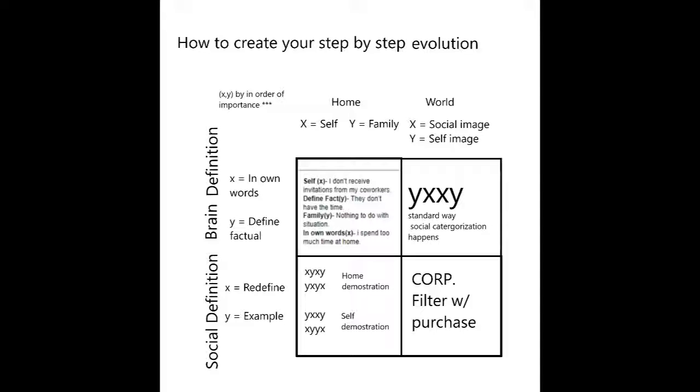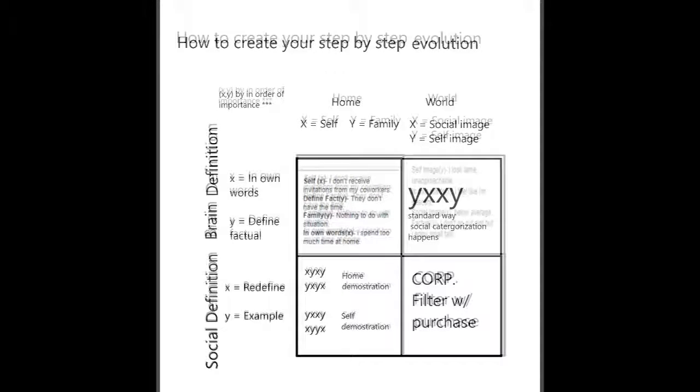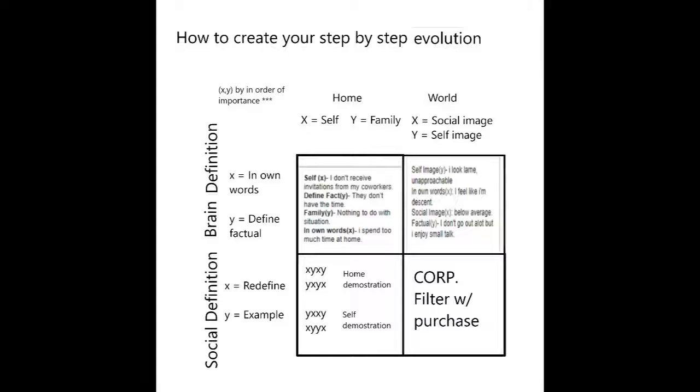Okay, now that he has the upper left box filled, he would go to the upper right with the format YXXY. And this box is for the outside world. How he sees himself in the outside world, how he sees his own world.